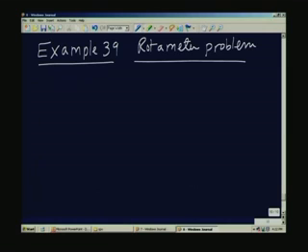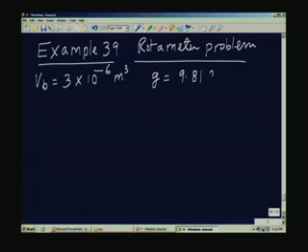The volume of the bulb is given as 3 milliliters. A milliliter is 10 to the power of minus 6 cubic meter. I will convert everything to SI units so that there is no confusion in the numbers. And of course, we will assume g is 9.81, the standard value.